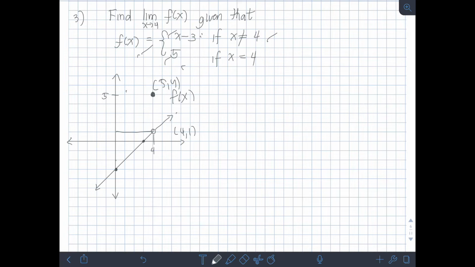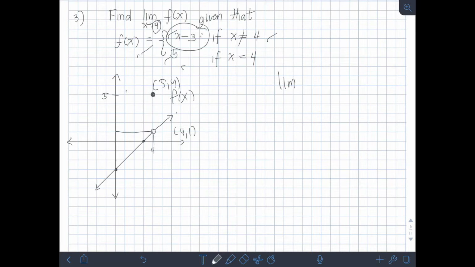So, in this example, 4, di ba? So, dapat hindi maging equal yung x sa 4. So, therefore, ang titignan nating function or sub-functions nung piecewise function f of x natin ay itong x is not equal to 4. Kasi hindi dapat talaga maging equal yung x natin doon sa 4 kapag nag-evaluate tayo ng function. So, ito yung gagamitin natin.